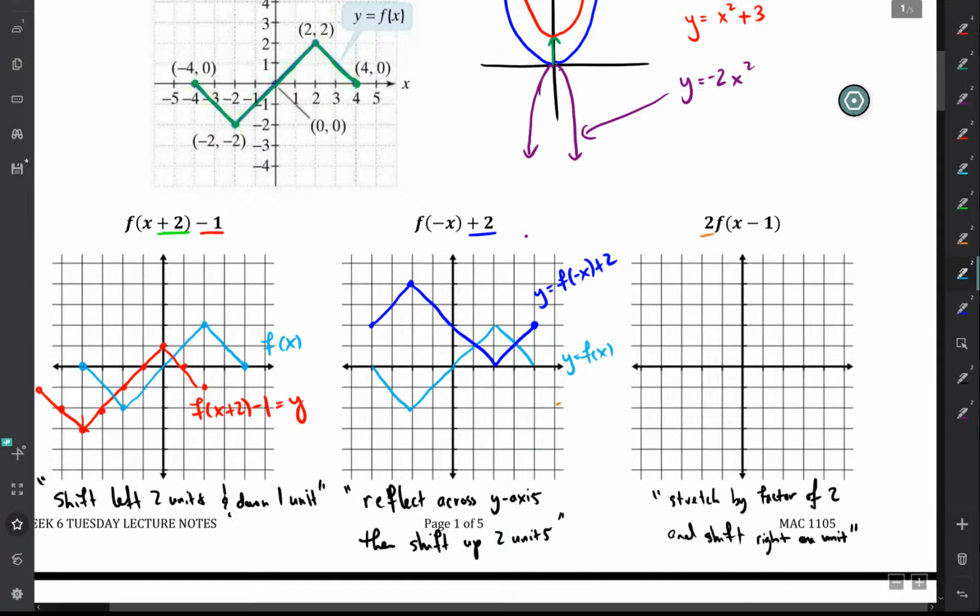Okay, so I'll start by graphing y equals f of x again. So we're going to stretch vertically by 2.